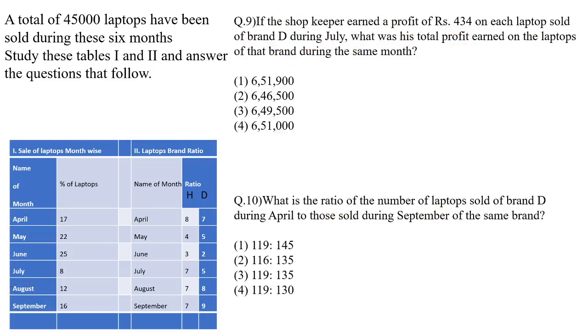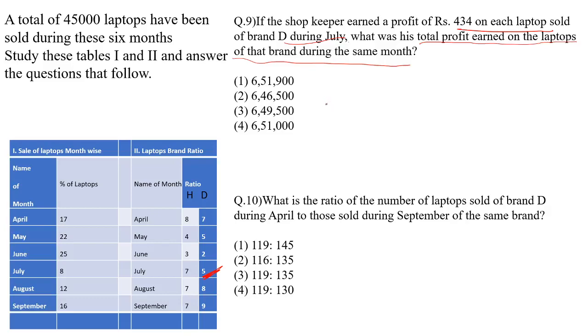Next question is, if the shopkeeper earned a profit of 434 on each laptop sold of brand H during July, what was his total profit earned on the laptops of that brand during the same month? So basically you have to take out the sold laptops in H and multiply by 434 to get the answer, correct?